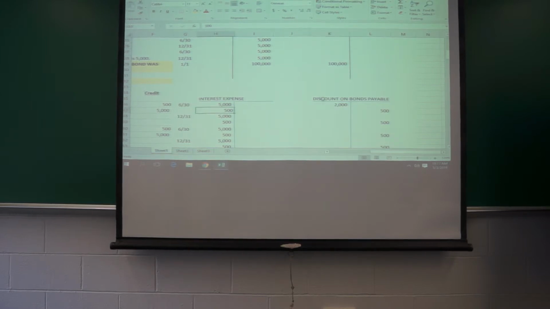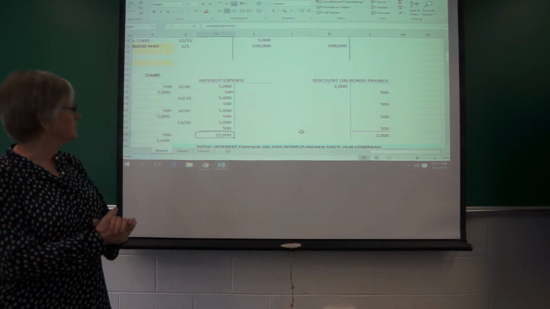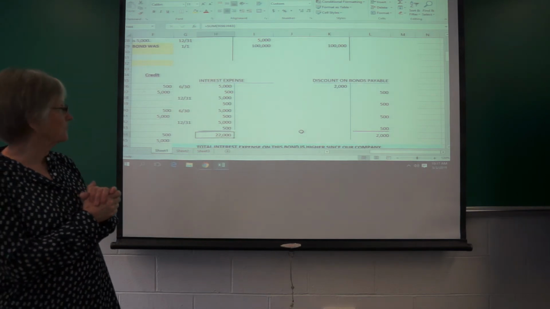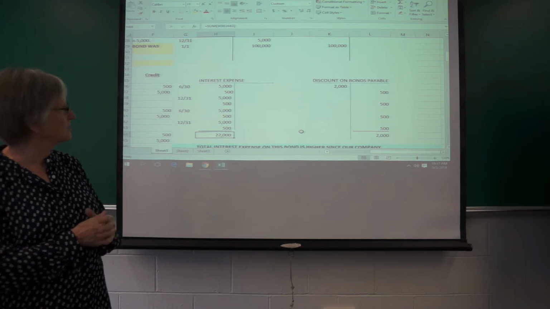But you add to that the 500 discount that's getting amortized with each payment. So the interest expense over the life of this bond is going to be 22,000 rather than just the 20,000 it was when we issued it at face value. So bonds issued at a discount have a higher cost of borrowing.